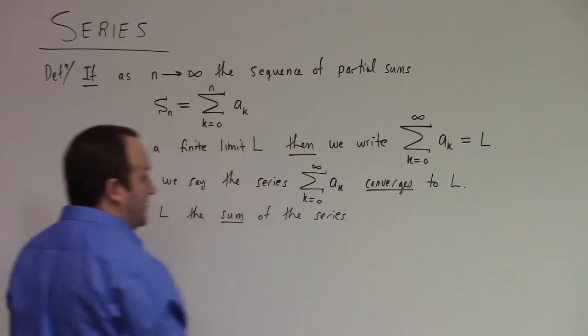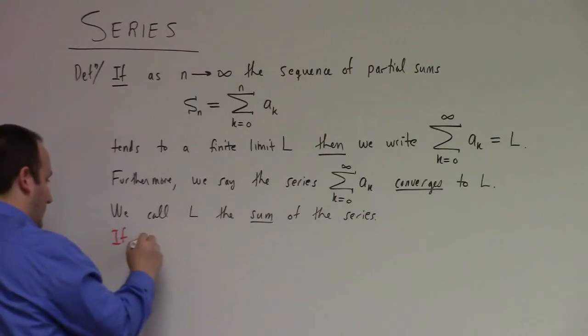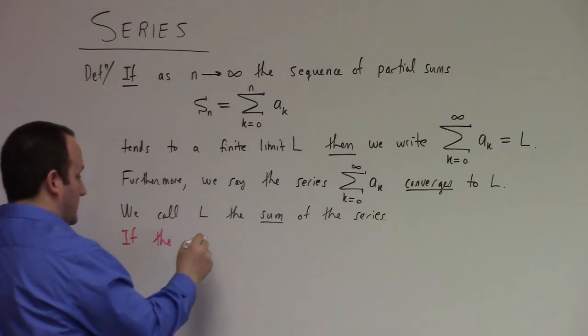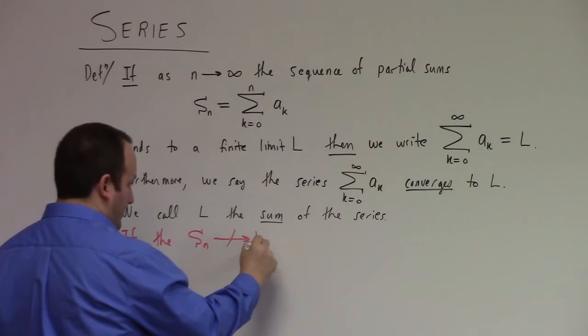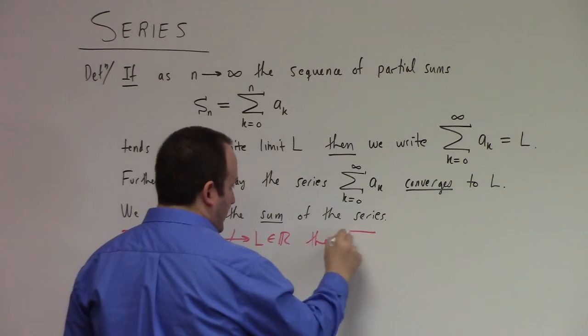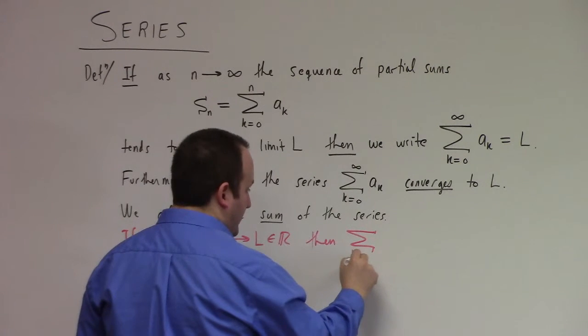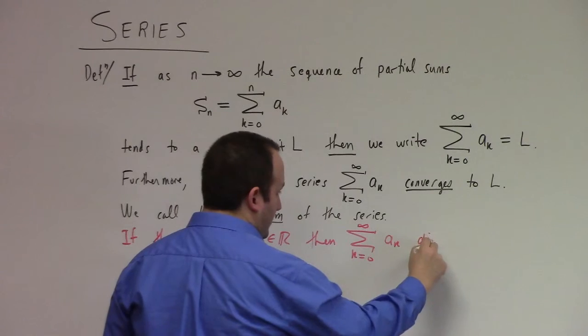So everything I've written in black concerns the case that it converges. If S sub n does not converge to L in the reals, then we say the series sum k equals 0 to infinity of a sub k diverges.